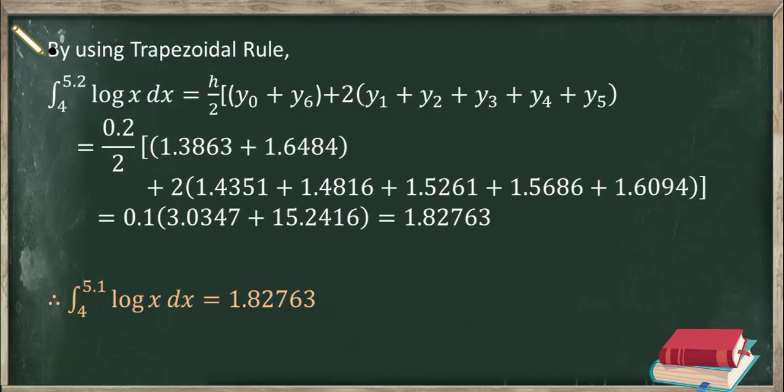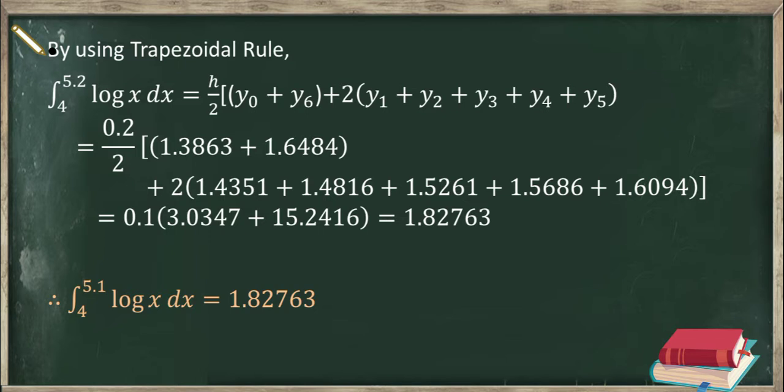Use the trapezoidal rule. Integration 4 to 5.2 of log x dx is equal to h by 2 times the sum of the first and last ordinates, that means y0 plus y6, plus 2 times the sum of the remaining ordinates, y1 plus y2 plus y3 plus y4 plus y5. Substitute all these values.